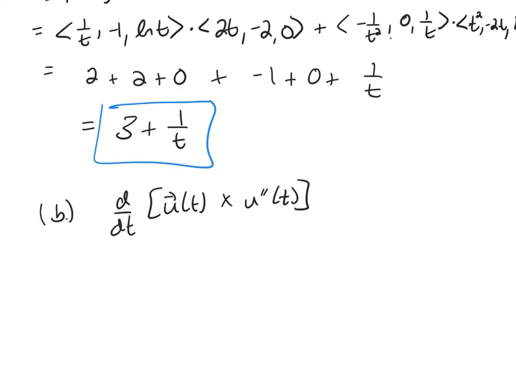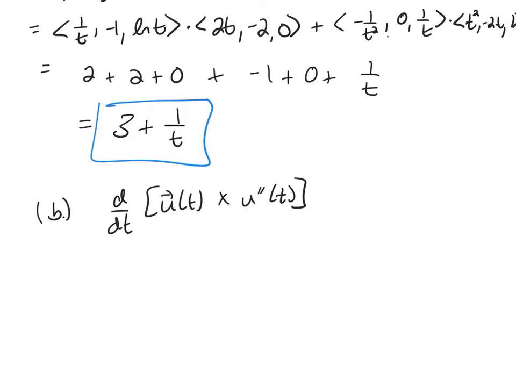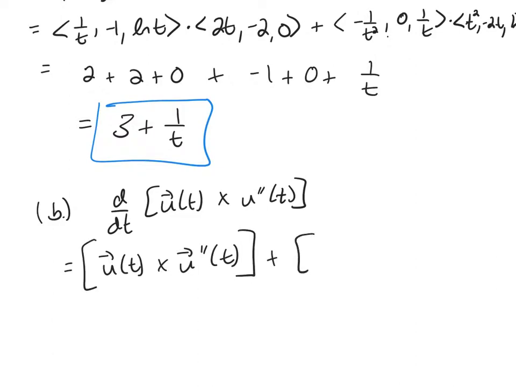Okay, so we're going to use our property number 5 here to compute this. This is the same thing as u crossed with u double prime plus u prime crossed with u prime.